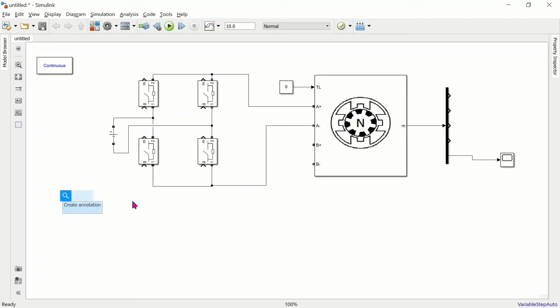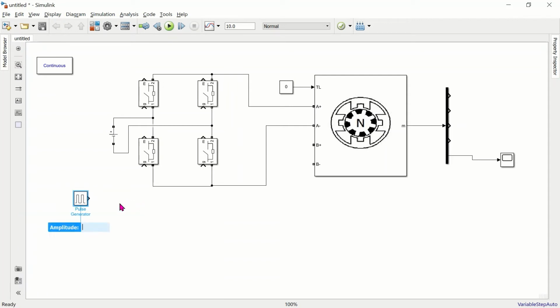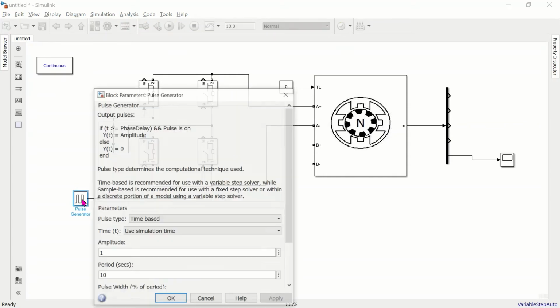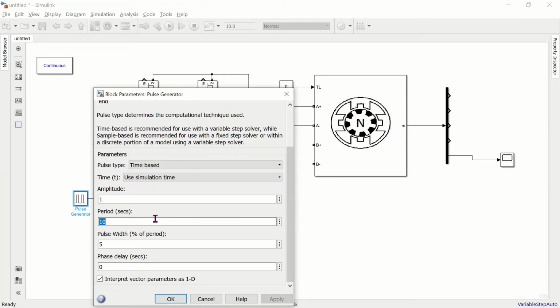Now we have to connect a pulse generator. Simultaneously we have to switch on these two switches and the other two switches. Now we set the time duration of our pulse.